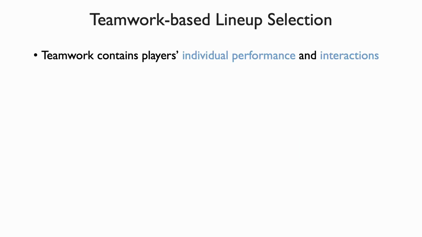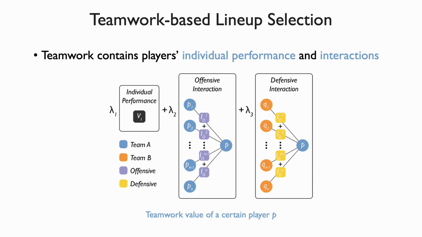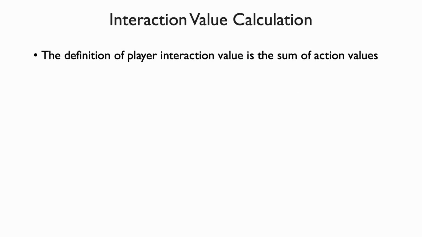To solve the first challenge, we develop a new teamwork-based model to integrate key factors for lineup selection. For each player, we calculate a teamwork value, including the player's individual performance, offensive interaction with the teammates in the lineup, and defensive interaction with the opponent players. To calculate the interaction values, we divide the soccer match into different phases based on the transition of possession.